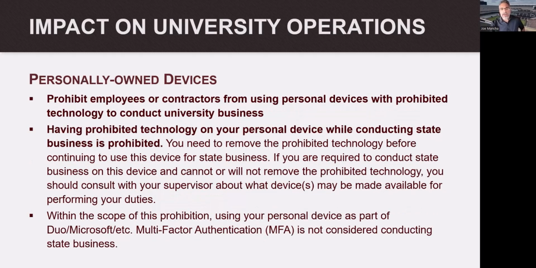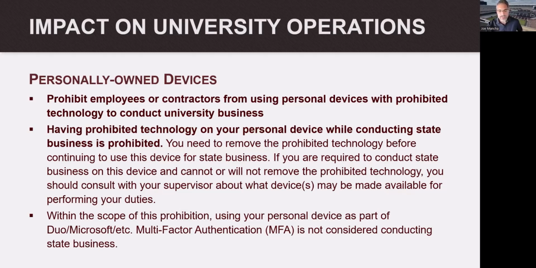So what's the impact on personally owned devices? This applies to both employees and contractors. You are not allowed to have prohibited technology on your personal device if you are also using it to conduct state business. If you cannot or will not remove prohibited technology on your personal device for whatever reason, and you have a need to conduct state business on a device, you'll need to coordinate with your supervisor and local IT support to determine if a device can be made available to you to conduct state business.